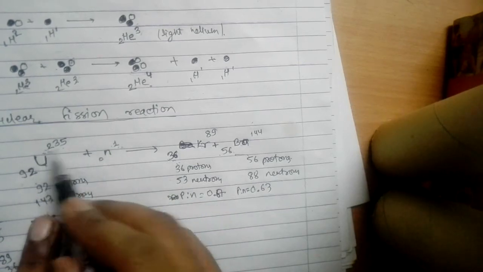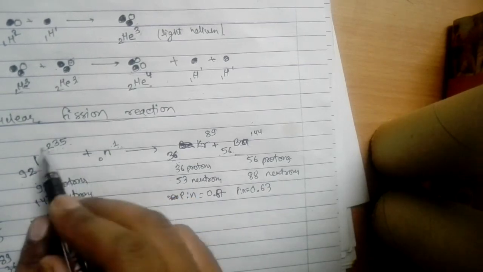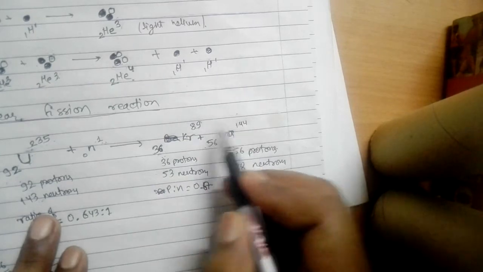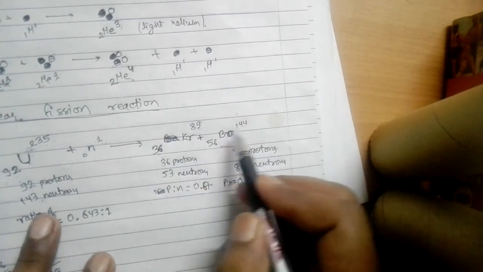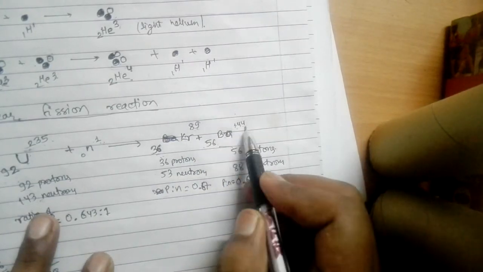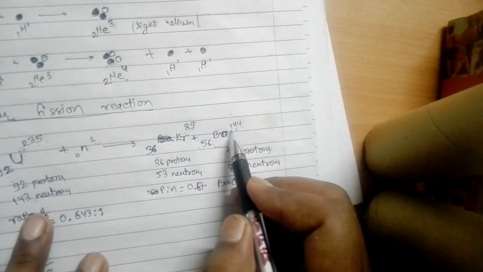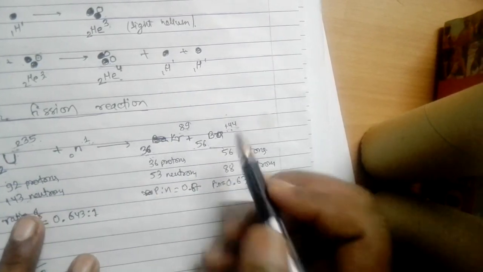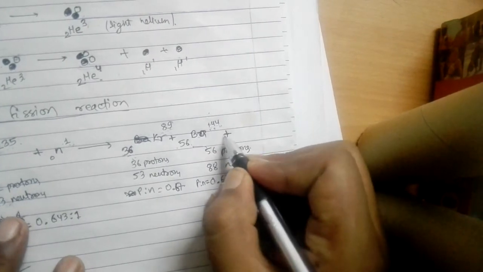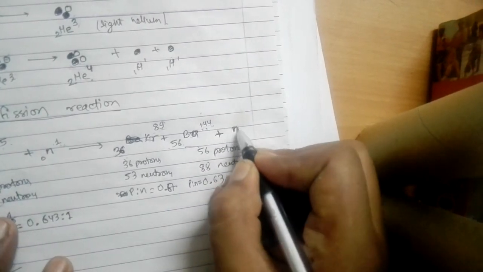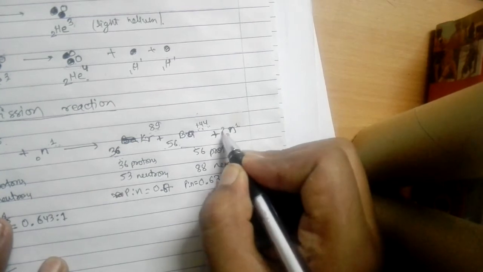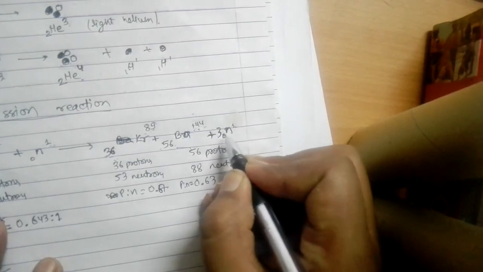Okay, the overall atomic weight is 236. But here if you add these two numbers, you only get 233. So what number of neutrons is not balanced? It is 3. Okay, 3 neutrons are not balanced, which are released.